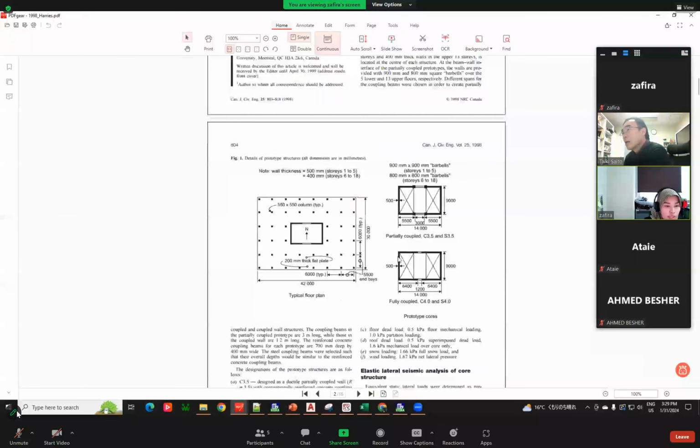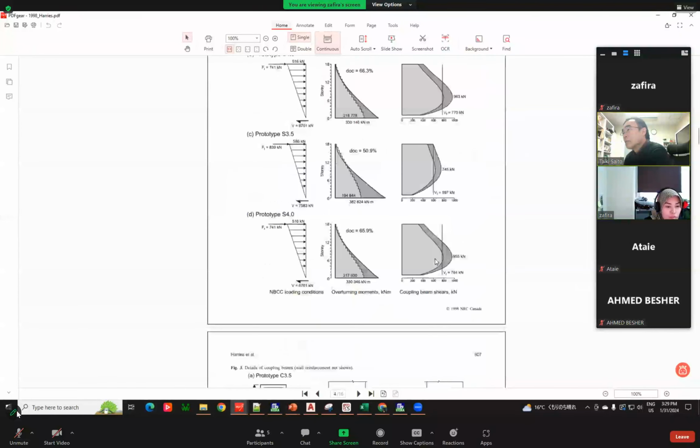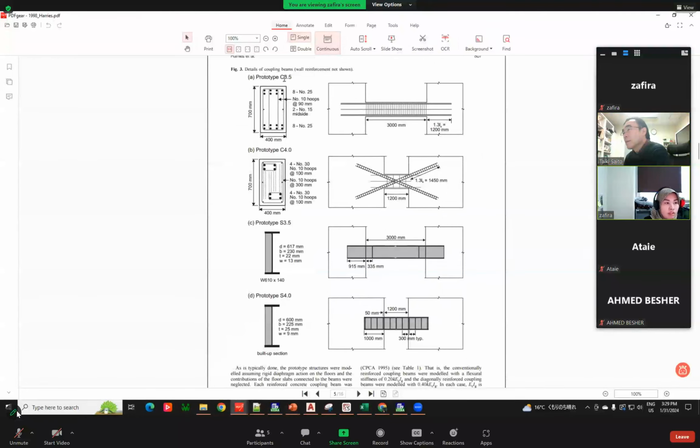They have 2 models, 3.5 and 4.0. 3.5 uses a conventional beam, and 4.0 uses a diagonal concrete beam, and the 3.5 steel beam is this one, and 4.0 has more stiffness to increase the strength. So you analyze the steel beam. Yeah, only the steel beam. Okay.